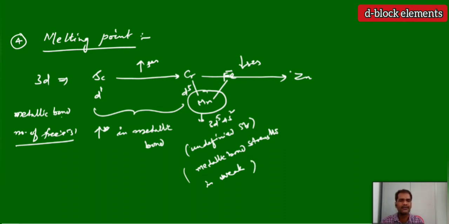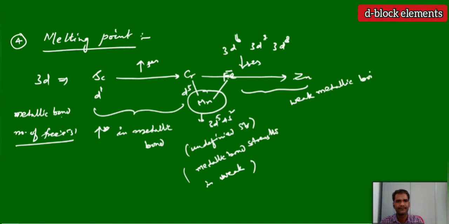But again, from iron to zinc, if you see the electronic configuration, iron 3d6, and then 3d7 and 3d8, what does it mean? The number of free electrons is decreasing, the number of unpaired electrons is decreasing from iron to zinc. So if the number of unpaired electrons decreases, metallic bond strength decreases, and that is why the melting point decreases. We can see weak metallic bond from iron to zinc.